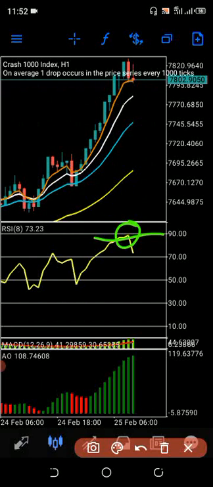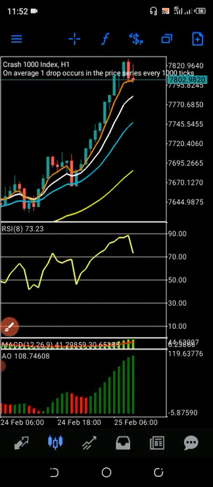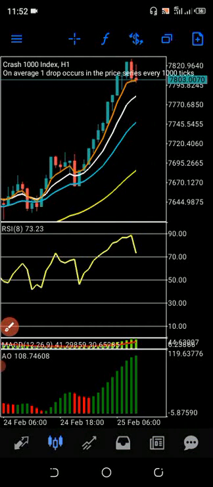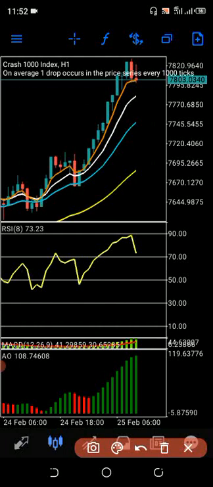Now watch here. Here is a higher low, and here is higher than this one. For you to do it, you can mark this place as 1, and you see this place as 2.